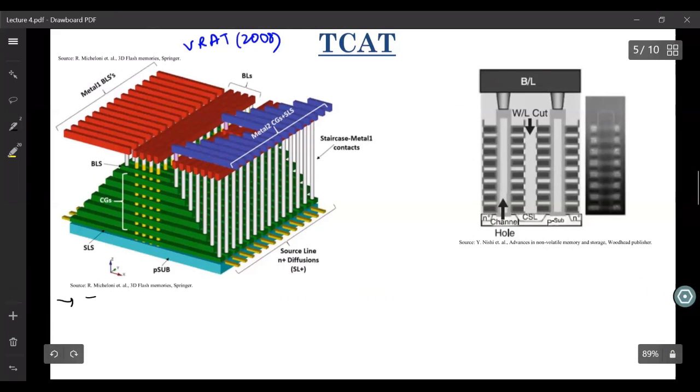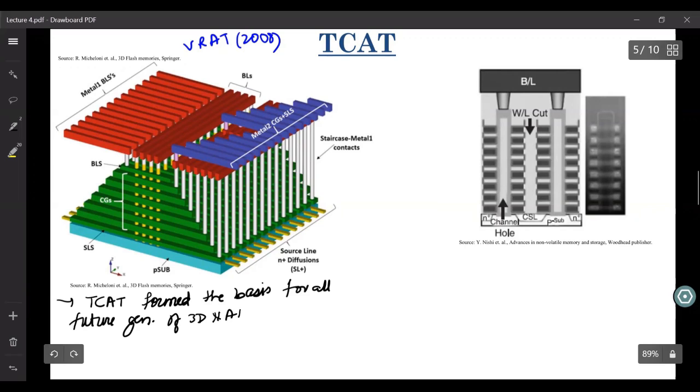This TCAT formed the basis for all future generations of 3D NAND flash from Samsung, like VNAND, ZNAND, and even the most recent ones.